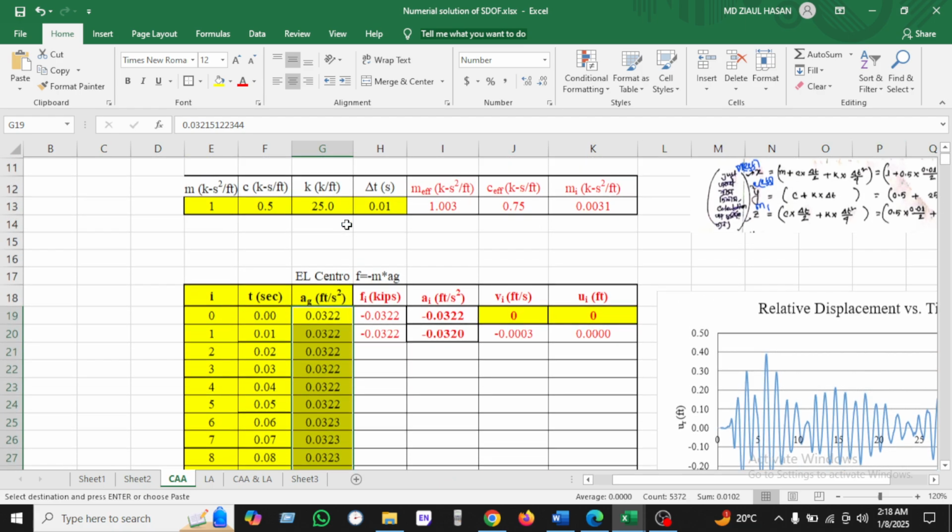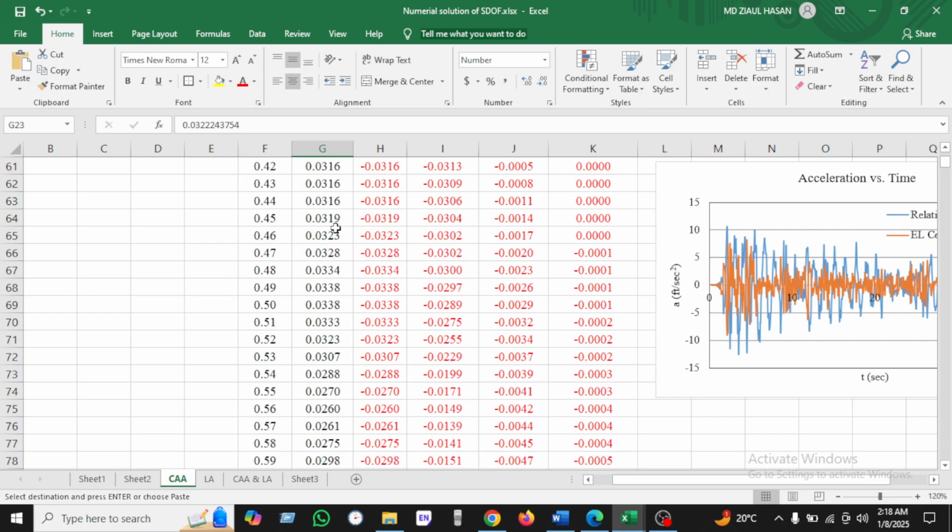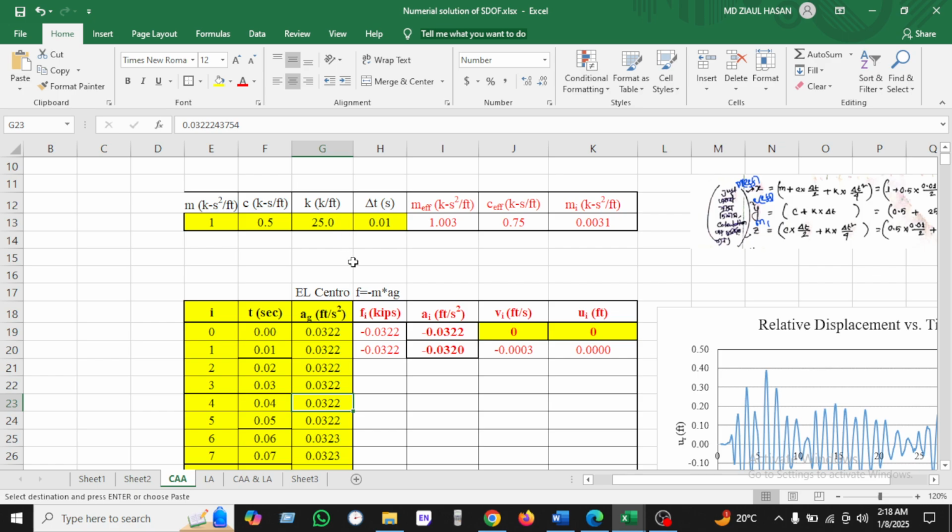I'm putting all this ground motion here. If you want, you can just download the ground motion. This is not the El Centro ground motion. If you download the El Centro, then that will be fine.